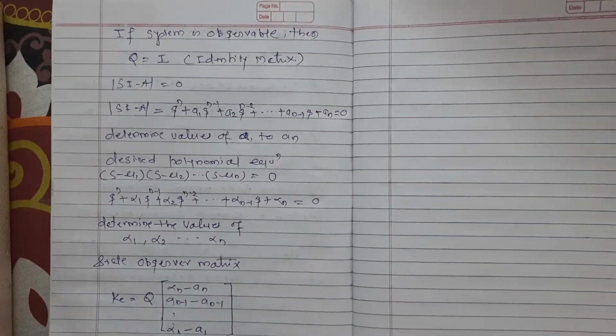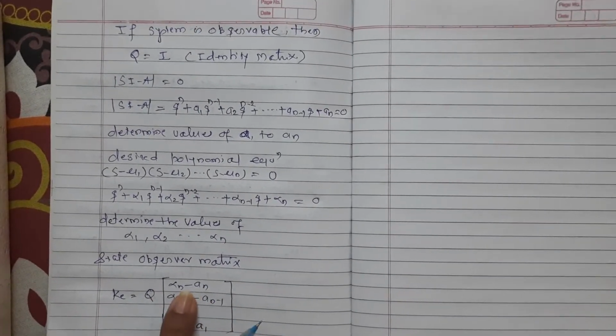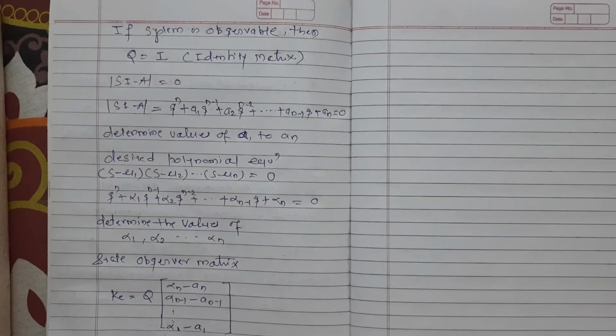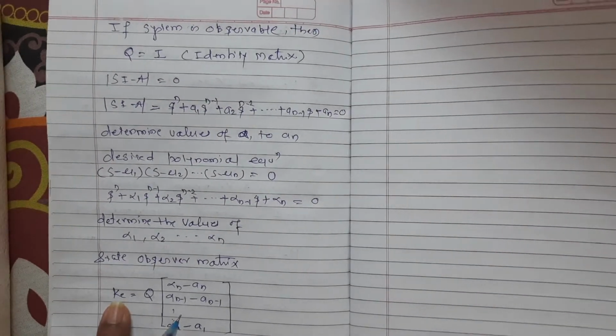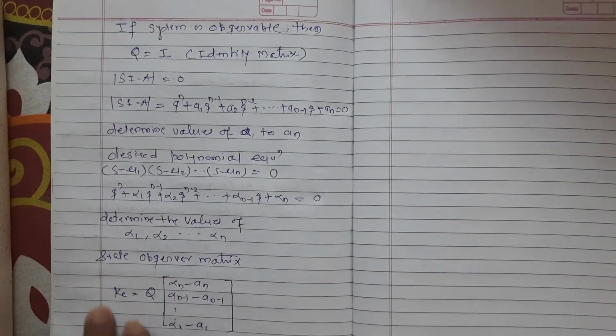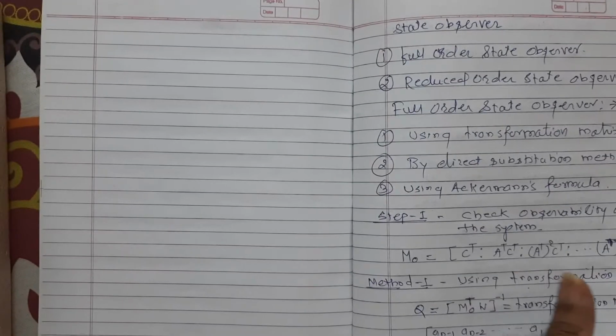Put the value of the Q matrix here, do the multiplication of this matrix, and we will get the values of Ke. So this way we can find out the state observer matrix by using the transformation method.